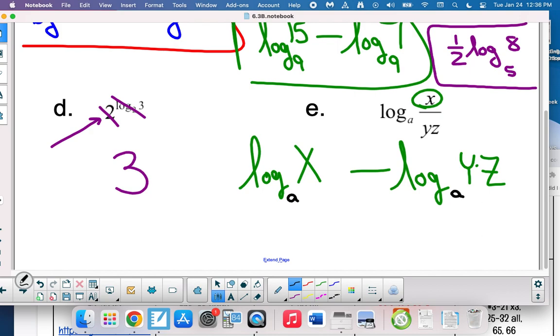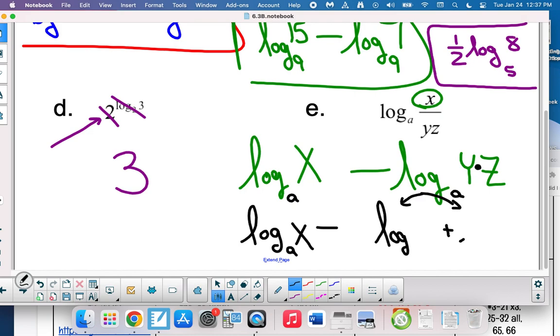So this is the one you have to concentrate on right there. You have log of multiplying. Well, that's going to turn into what? Addition. So it's log base A of X minus, in parentheses, log base A of Y plus log base A of Z. Now the thing is, it did say take log of X minus whatever that is, and whatever that is turned out to be a binomial.